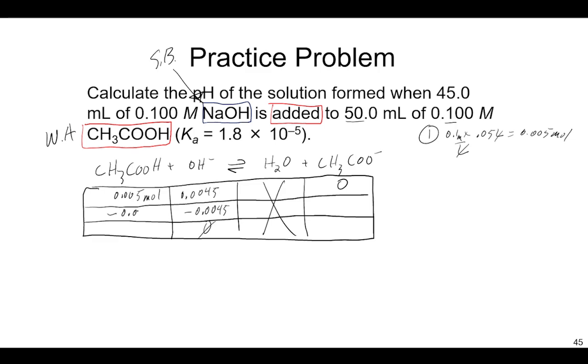The acid will go down by that amount. So 0.005 minus 0.0045 will give me 0.0005 moles at equilibrium. And my conjugate base will go up by that 0.0045, because when a base neutralizes the acid, it is creating that corresponding amount of conjugate base.